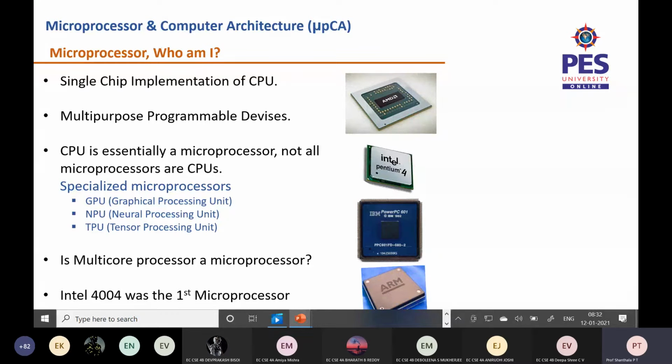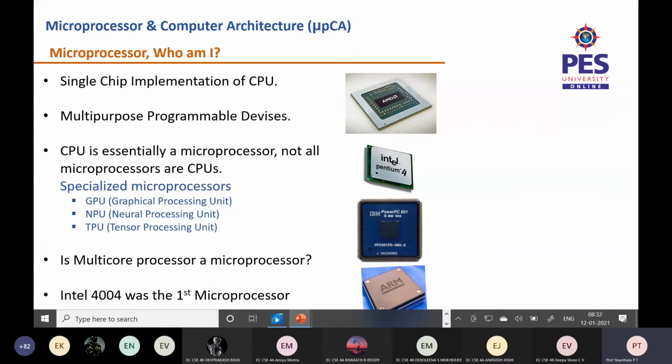And they can execute the processing. If you have a lighter processor, it can be faster. So these are all the part of the microprocessor.